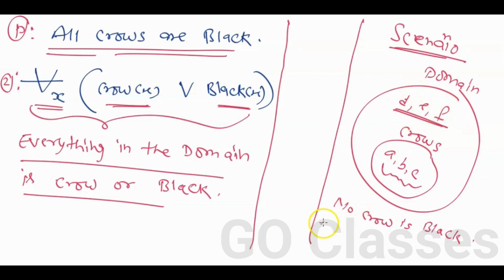All non-crows means what is not a crow, that is black. Now consider this scenario. Are you getting my point? So in this scenario no crow is black, and also all the non-crows, which are not crows, are black.